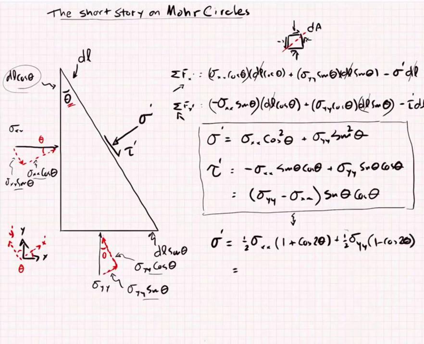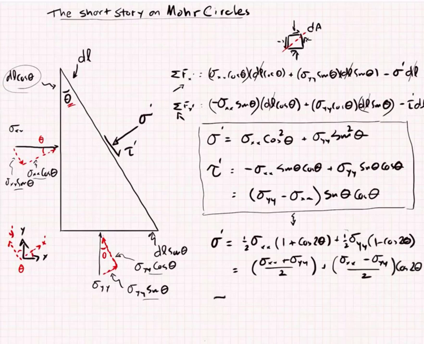And we can rearrange that to this: sigma xx plus sigma yy divided by 2, and you'll notice that that's the mean stress applied to the body for the outside forces, plus sigma xx minus sigma yy divided by 2, and that times the cosine of 2 theta.